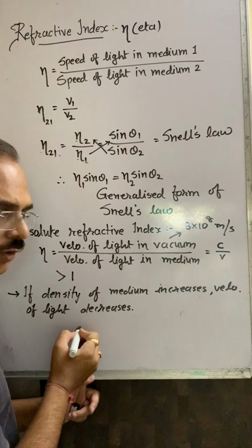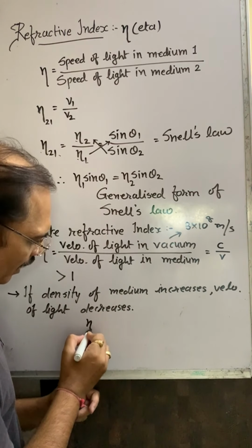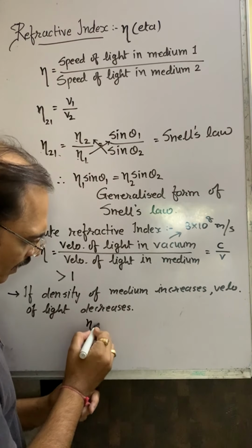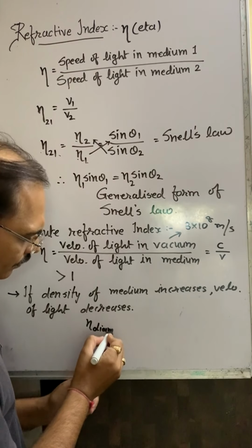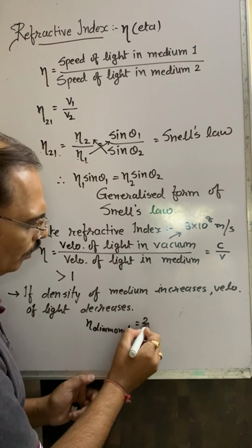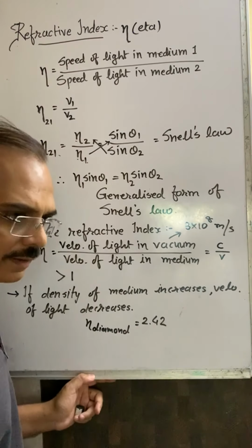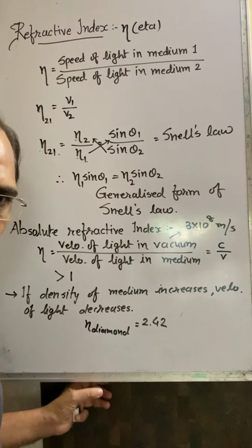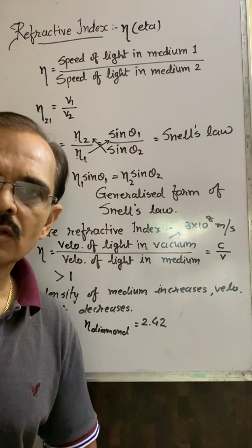For example, the refractive index of diamond is 2.42, the highest refractive index of any material or medium.